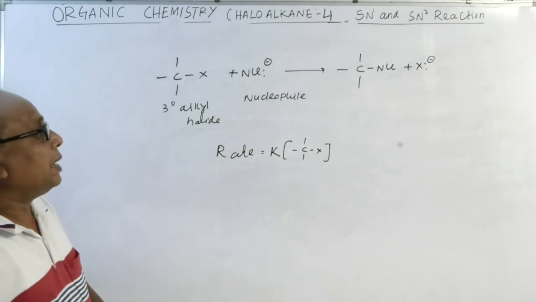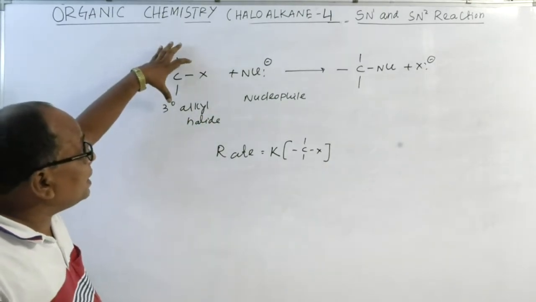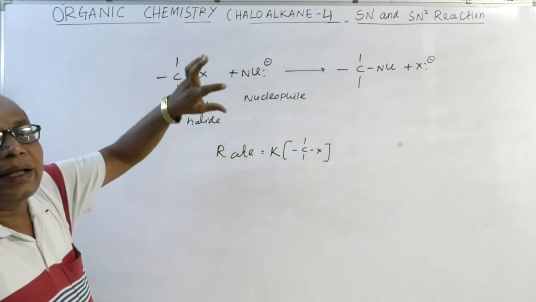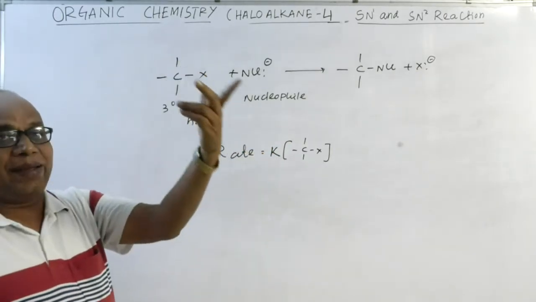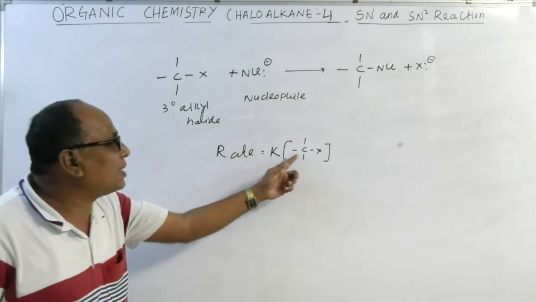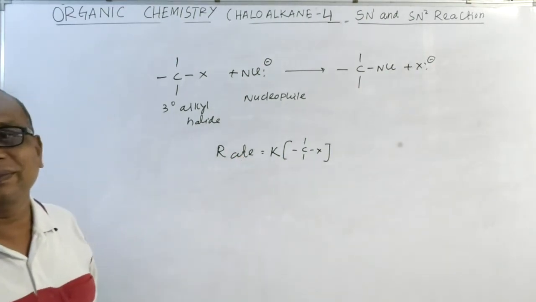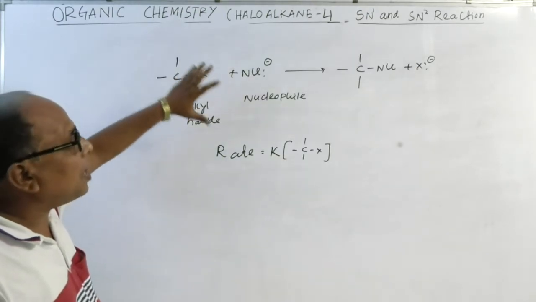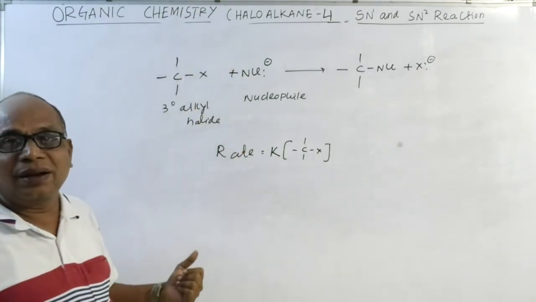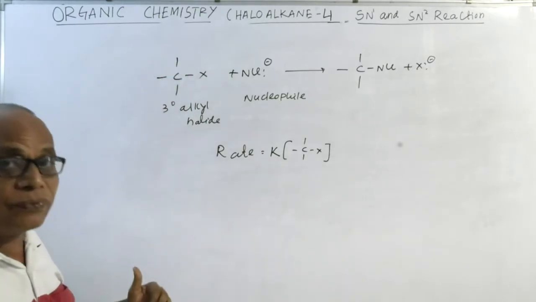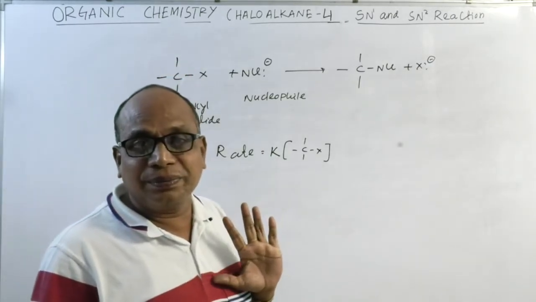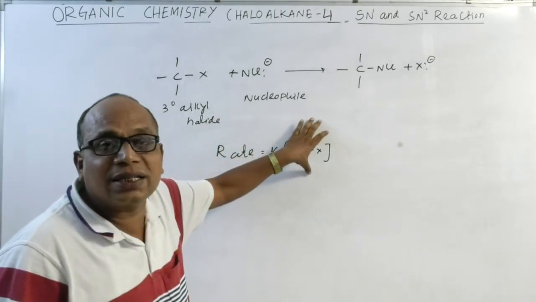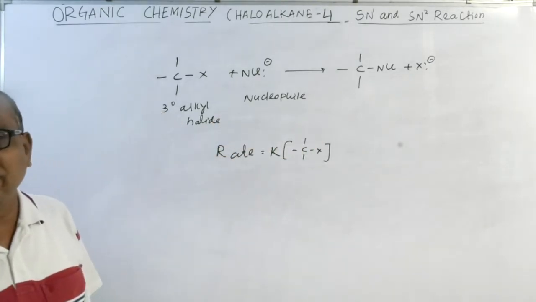That means when the concentration of tertiary alkyl halide increases 2 times, the rate also increases 2 times. When the concentration doubles, the rate also doubles. When the concentration is halved, the rate becomes half. That's why the rate depends only upon the molar concentration of the alkyl halide.